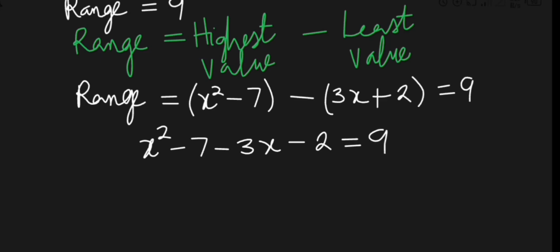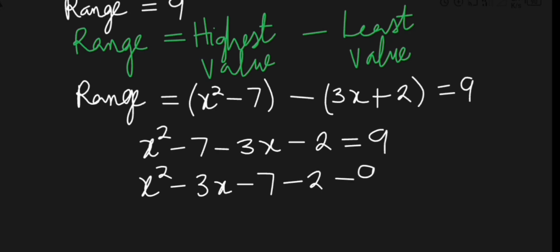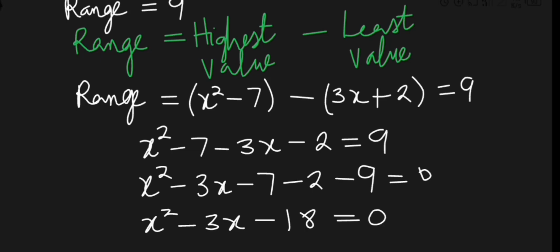So we arrange this trinomial according to the powers in x, while equally subtracting 9 from both sides to give us x squared minus 3x minus 7 minus 2 minus 9 is equal to 0, giving x squared minus 3x minus 18 equals 0. Now a trinomial for us to factorize.